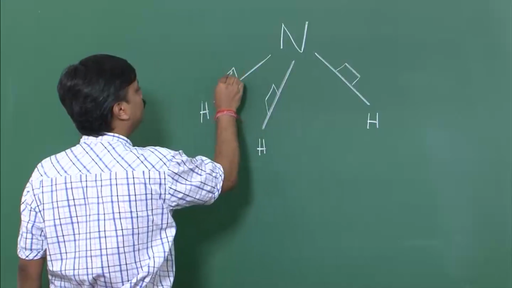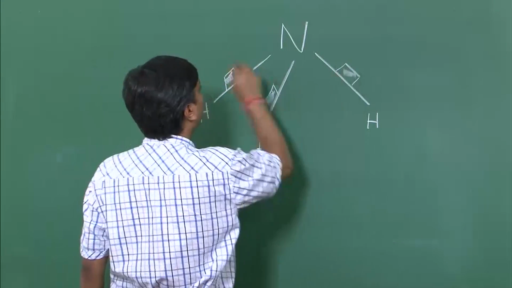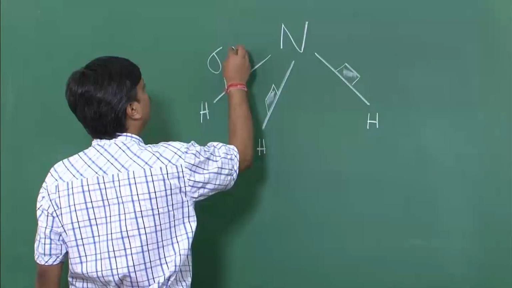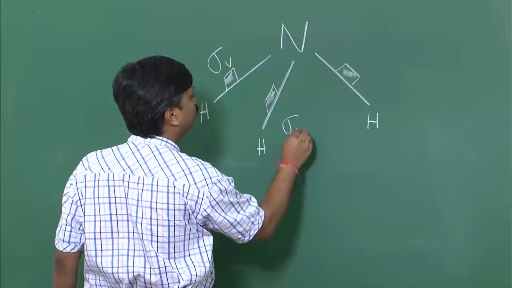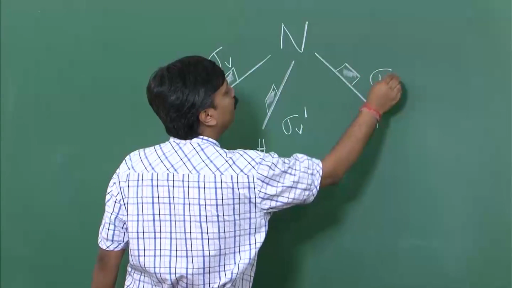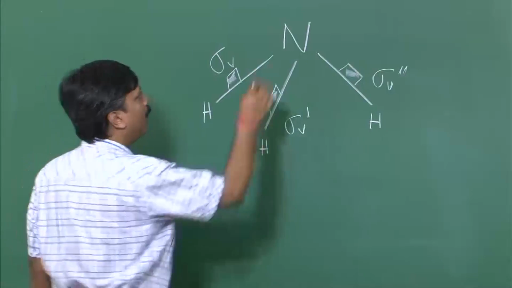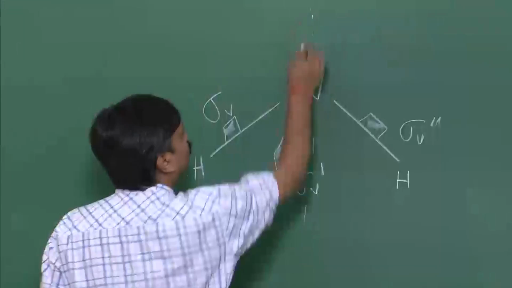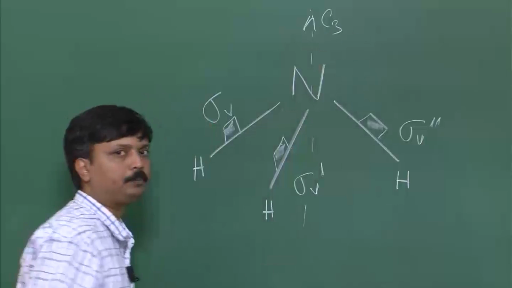So, these are the planes. So, sigma V, say sigma V prime, sigma V double prime. Okay, these are the three. Now, I have C3.